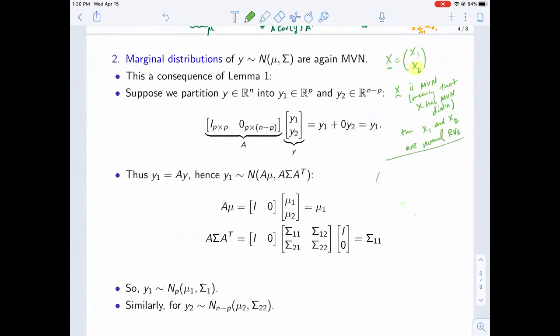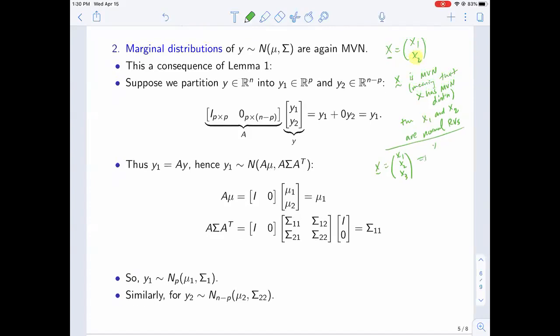For example, if X is equal to X1, X2, X3, not only are the individual coordinates normal, so X1, X2 and X3 are normal random variables, but more is true. We can say that X1, X2 is also MVN. So this is another marginal.